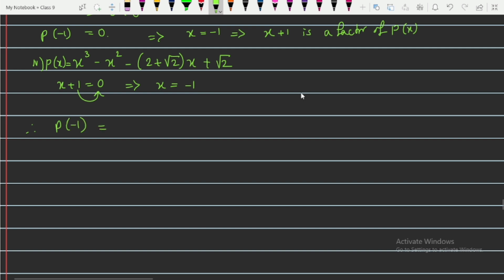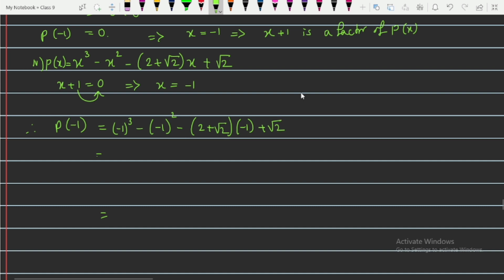If p(-1) is 0, then you can say that x plus 1 is a factor. So here the first term is x cube, that is (-1) cube, minus (-1) square, minus (2 plus root 2) times x, where x is minus 1, plus root 2.